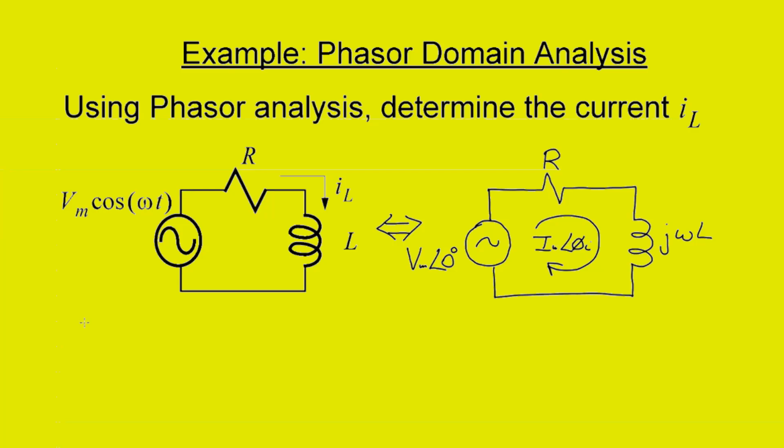To analyze this circuit, we know that Kirchhoff's voltage law applies, and so the voltage across the inductor, VL, plus the voltage across the resistor, VR, minus the voltage across the source must add to 0, or VL plus VR minus Vm at angle 0 must add to 0.